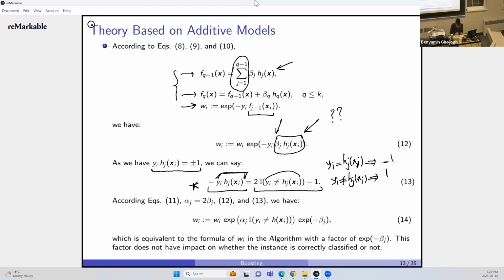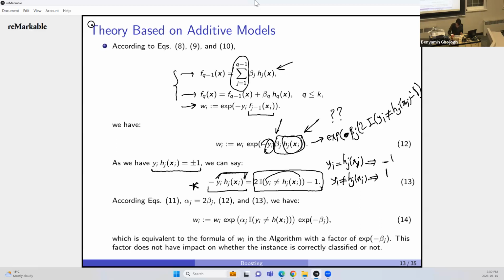Now what am I doing? I'm replacing what I have here, minus y_i h_j(x_i), with 2 times the indicator function of y_i not equal to h_j(x_i), minus 1.